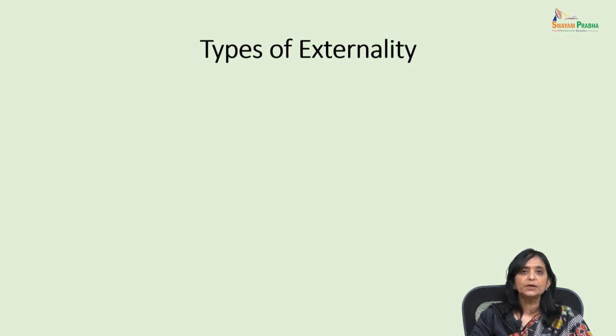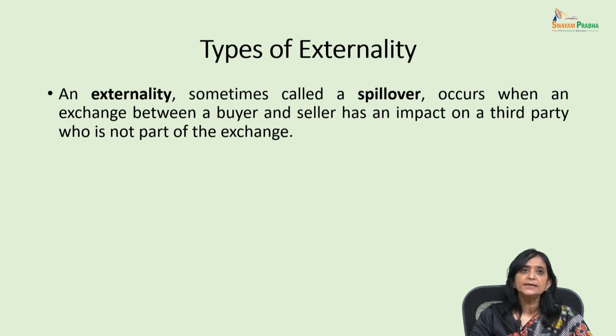Now, we have been talking about externalities. We have said that an externality is a kind of spillover which occurs when an exchange between a buyer and a seller has an impact on a third party who is not a part of this exchange.